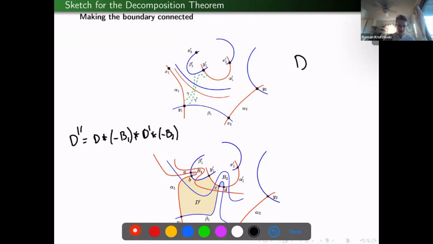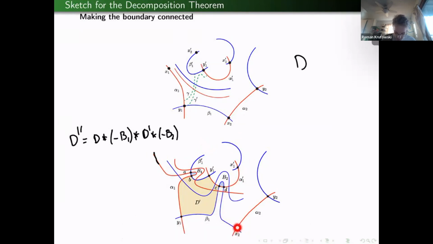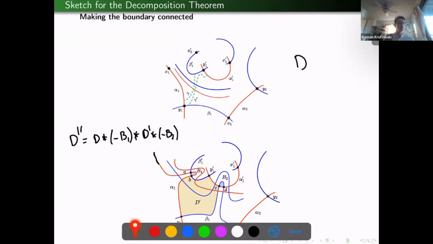Then the boundary of this curve would go like this. It will go here, and will travel all the way through. It will come back here, go this way, and come along. So we reduced the number of connected components, and in this fashion, you can reduce it to 1.